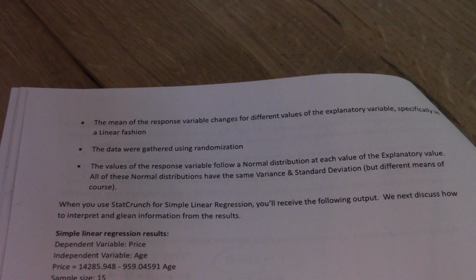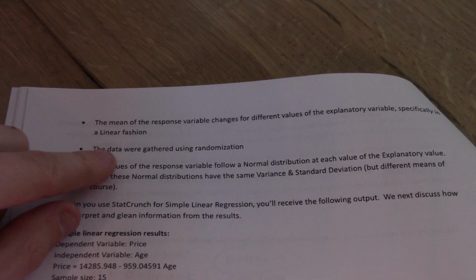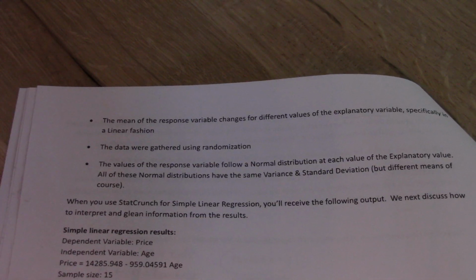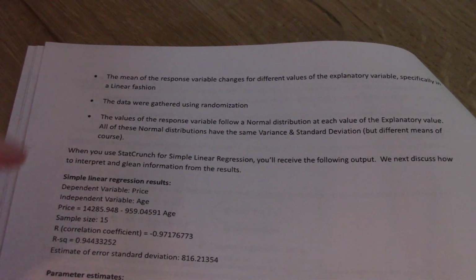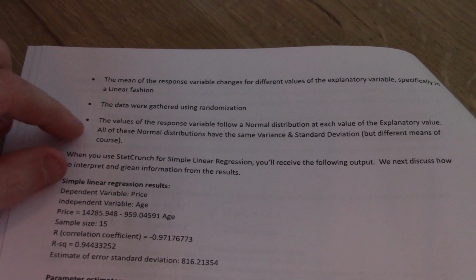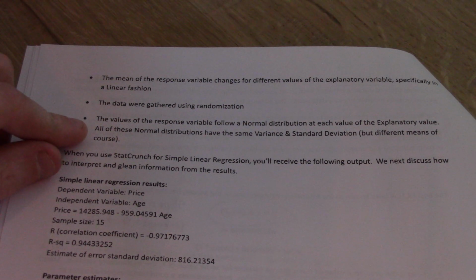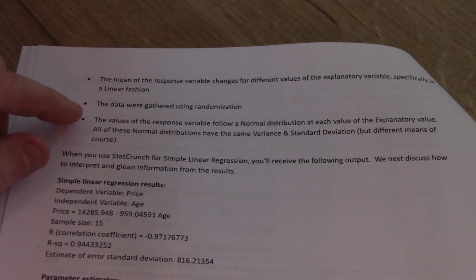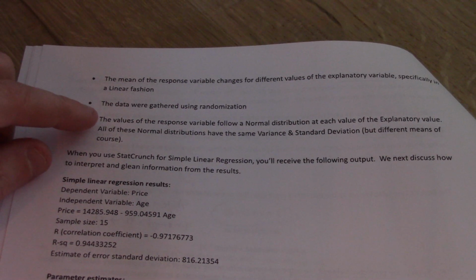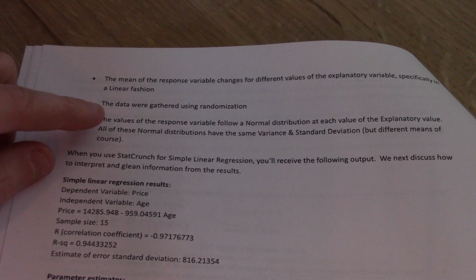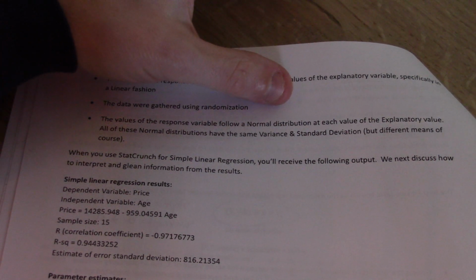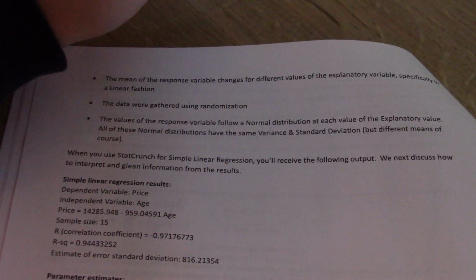The second point, unexpected, is to ensure that the data were gathered randomly. So we always need that. And the third point's kind of an odd one. So I'm presenting it to you. Don't worry about knowing it. But it is something to keep in mind. What it says is that the values of the response variable are following a normal distribution at every x.